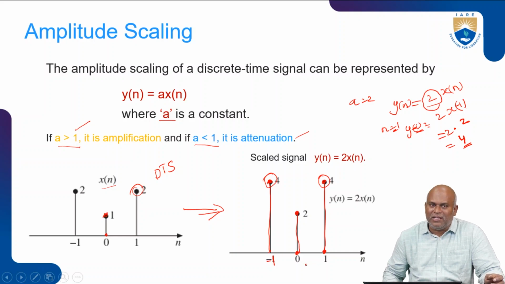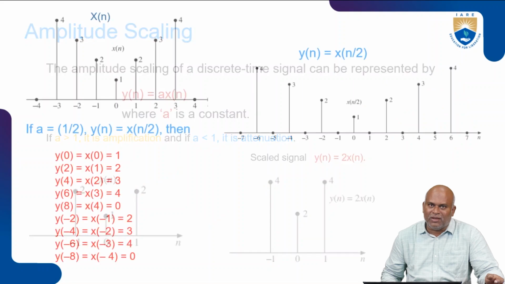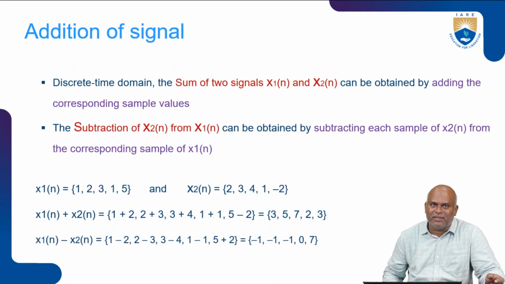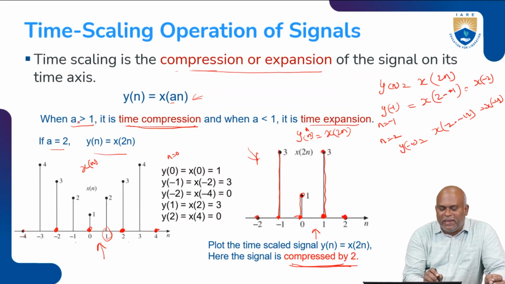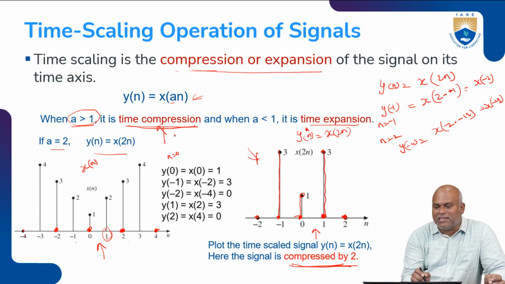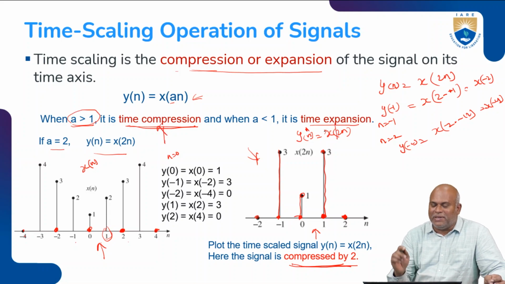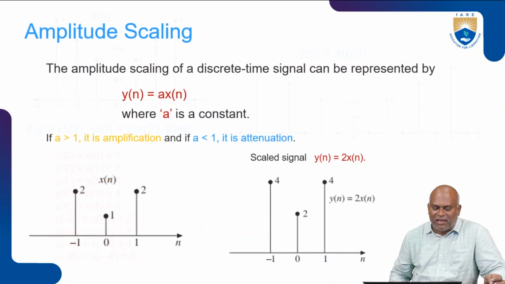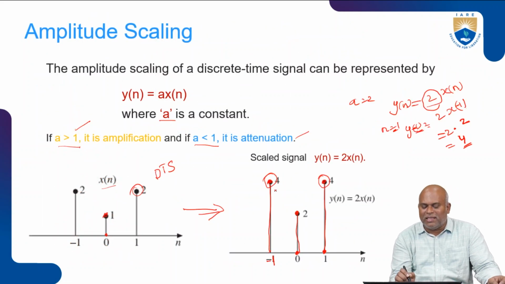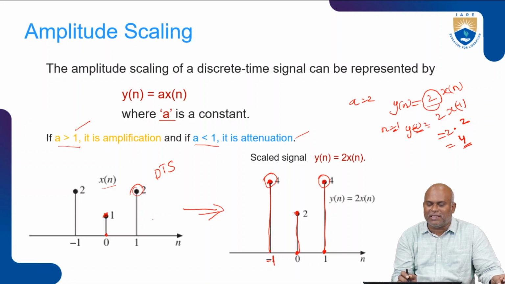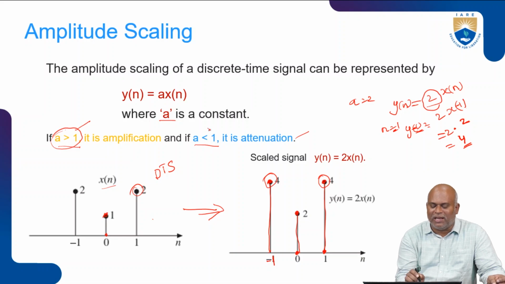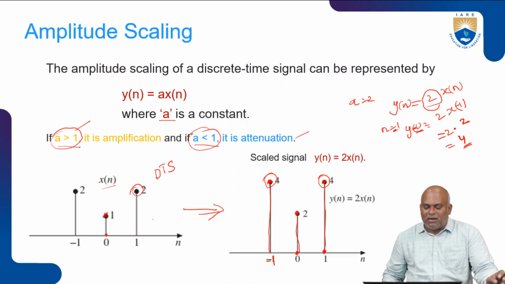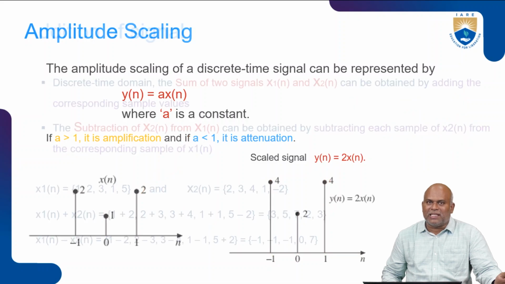But in the case of time scaling, the time scaled value based on a is compressed or expanded. With amplitude scaling, the amplitudes are scaled for input as well as output. Both depend upon A, which is a constant value, for both continuous as well as discrete time signals.